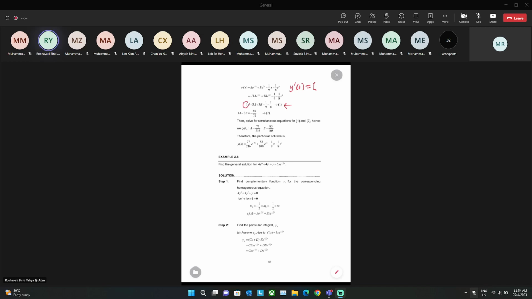This is 1, and for this part, it changes to x equal to 0. So exponential 0 becomes 1. So what we have left is negative 3A plus 3B minus 1/9 minus 1/8.